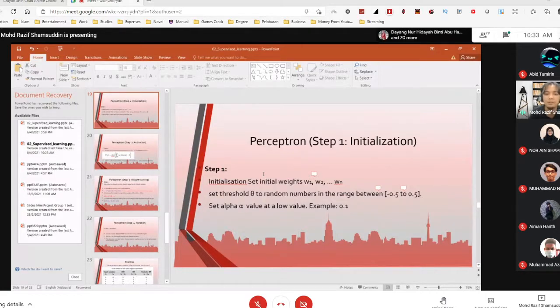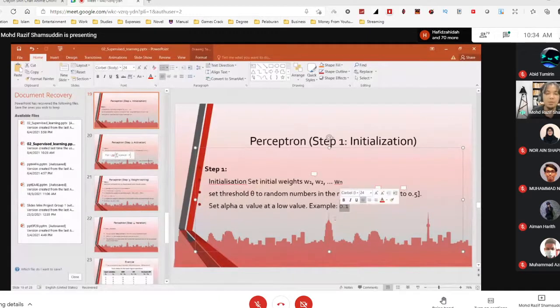So what are the available parameters? The weight, the threshold value, and the alpha. So all these are set at a specified value. Okay, so weight and threshold are set to a random number between negative 0.5 to 0.5. And alpha is the value that we determine. We determine the value of alpha.